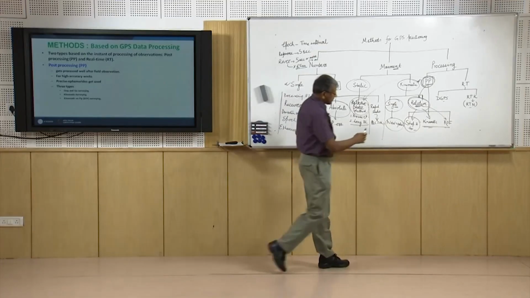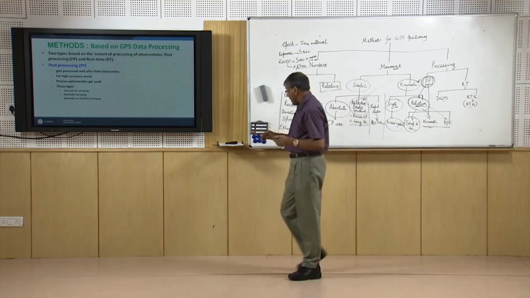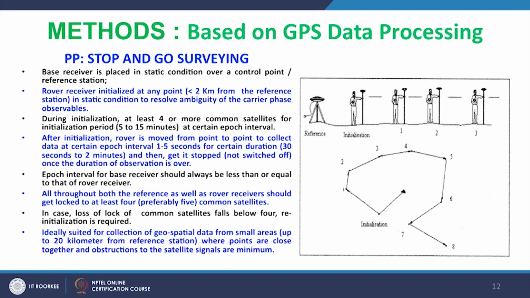Let us discuss the stop and go method. In stop and go GPS surveying, we need to place the reference receiver in a static manner, and the kinematic one we first place at any point. It may be any point, but it should be within 2 kilometers of the reference station, so that both of them have signals from at least 4 identical satellites, preferably 5 or more.